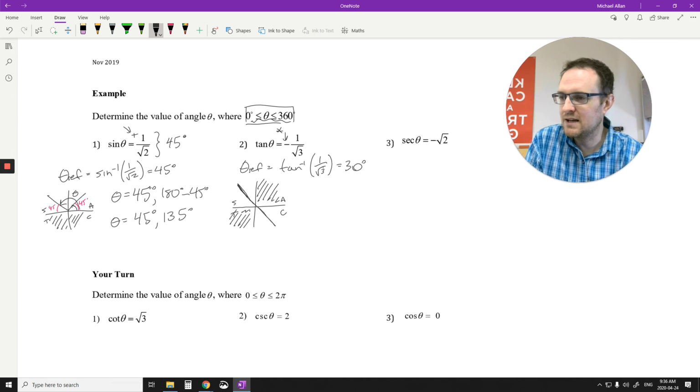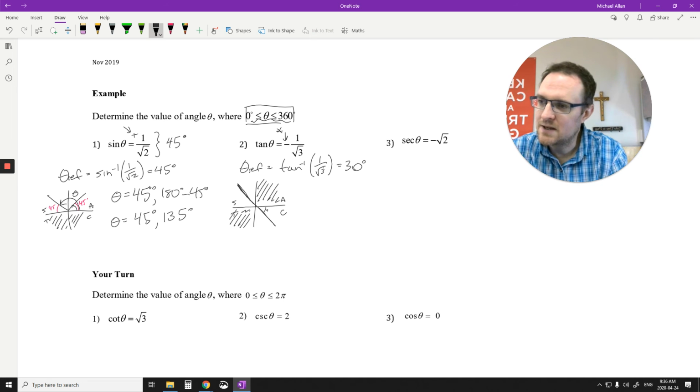I talked about this before. That is a straight line, just based on the rules of intersecting lines like this. Because these two angles are the same, this is going to be a straight line. So 30 degrees for my reference angles, and I want to find these two standard position angles.